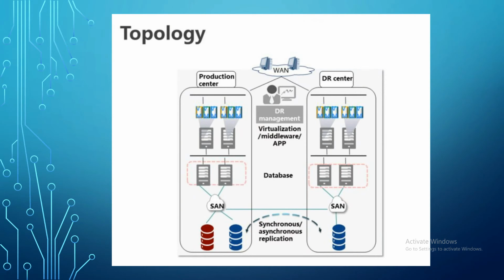So this is a basic topology for the production and DR side. We have storages on the production side, database servers, application servers, and on top of that, virtual machines. And we will use DR management.